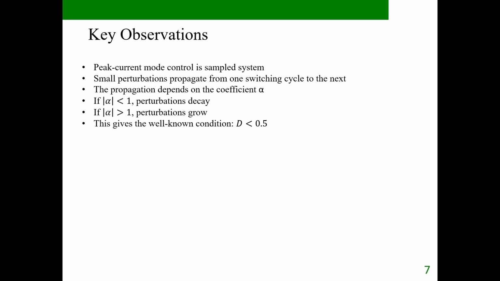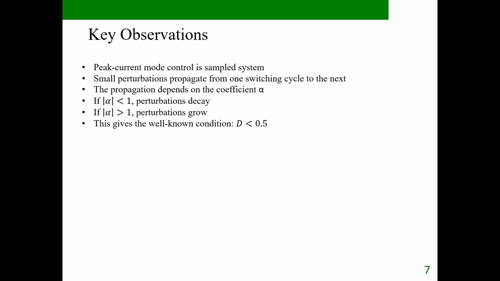If the magnitude of alpha is smaller than 1, perturbations gradually decay and the converter returns to its steady state operating point. If the magnitude of alpha is greater than 1, perturbations grow from one switching cycle to the next, eventually producing subharmonic oscillations. And finally, this leads to the well-known stability condition. The steady-state duty cycle must remain below 50%.